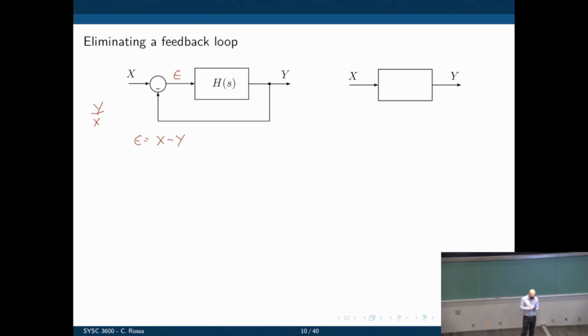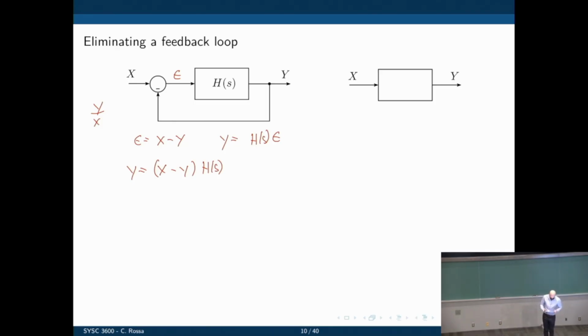And you know that y is h of s times that. So we can say that y equals x minus y, all times h of s. Does that make sense? Yeah? Sure?